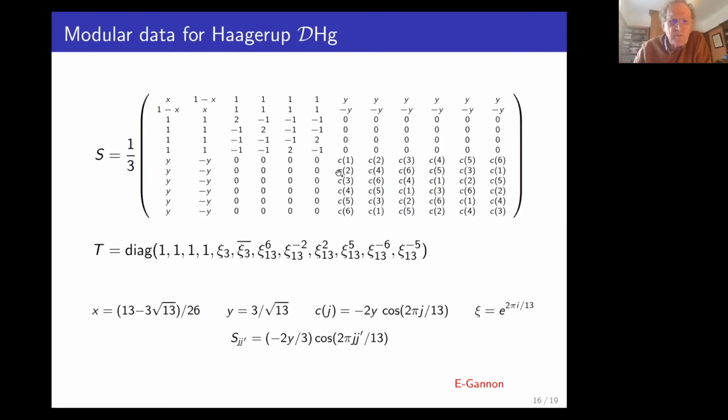It was computed by Izumi numerically, because that's how these things come about, by constructing these subfactors through Cuntz algebras, through solving certain fairly obscure equations.